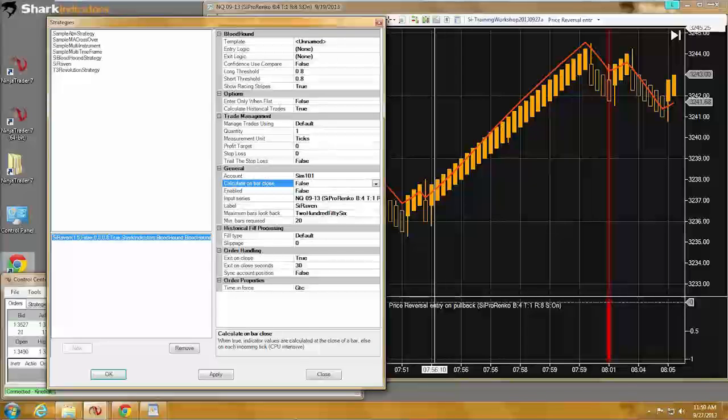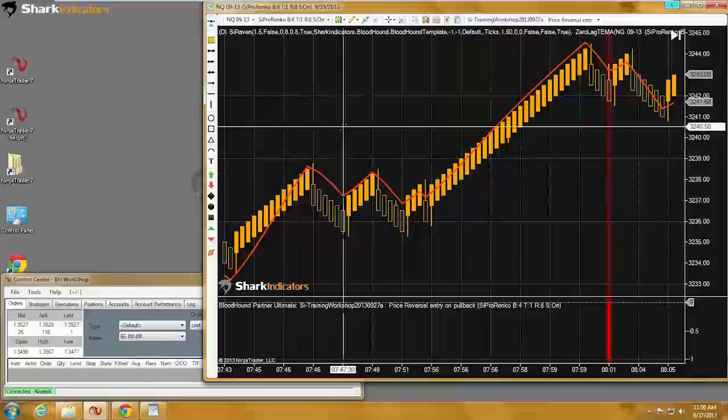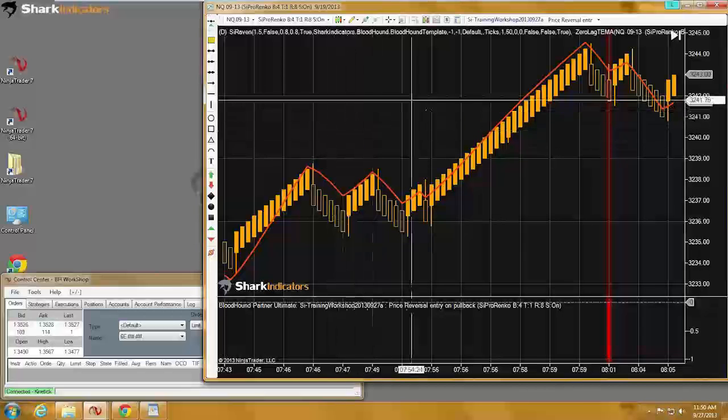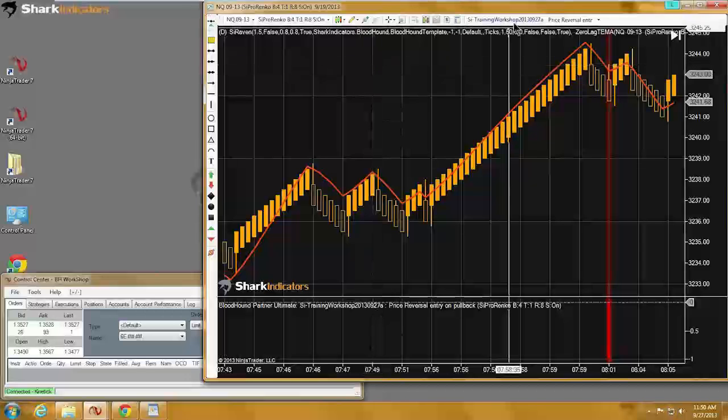So there's that, but there's also a workshop video that I had done. I had actually done a divergence. I built a stochastics divergence system. So you can just substitute the stochastics for a MACD, and you should be able to build that divergence system that way.